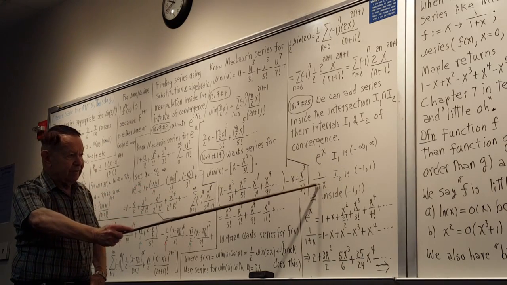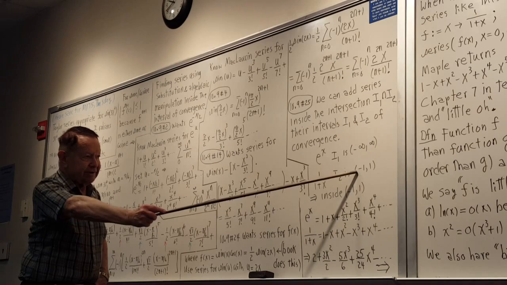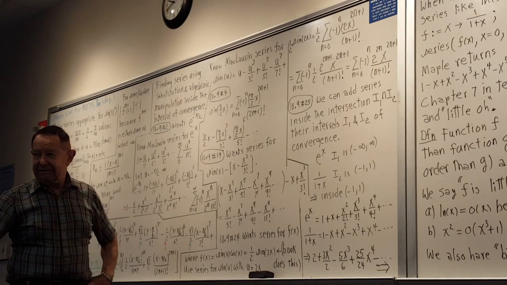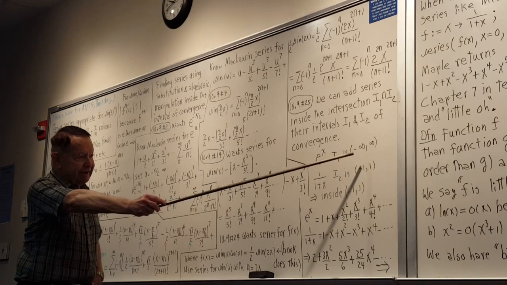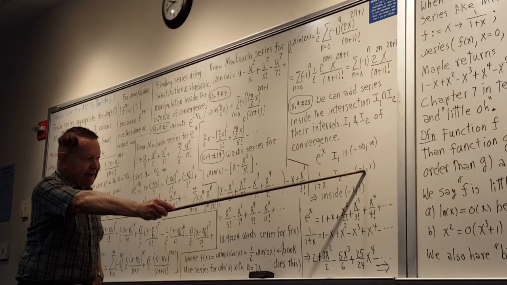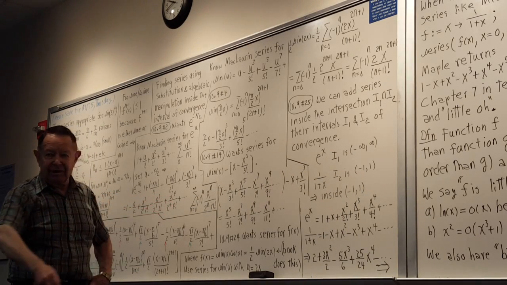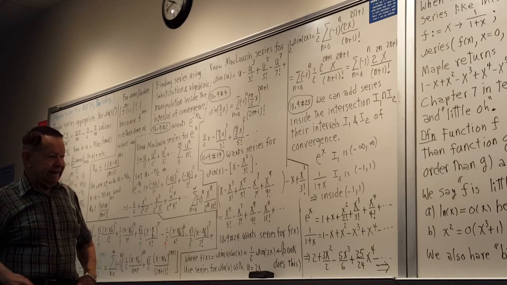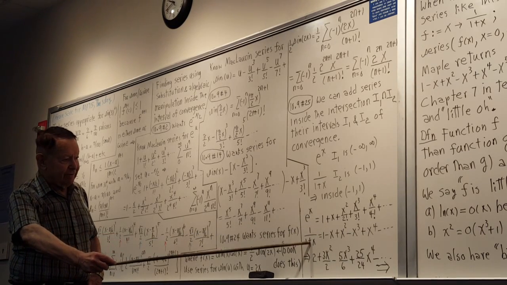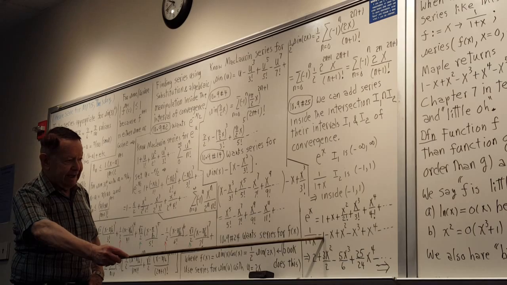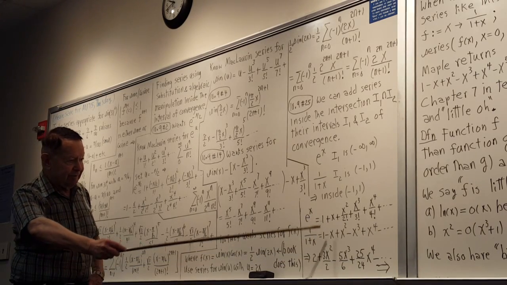And 1 over 1 plus x, the interval is the open interval, minus 1 to 1. So the intersection of this with that is minus 1 to 1. So inside that, you can take the e to the x series and the 1 over 1 plus x series and add. So 1 and 1 are 2.